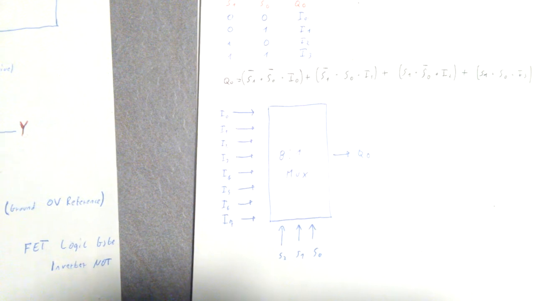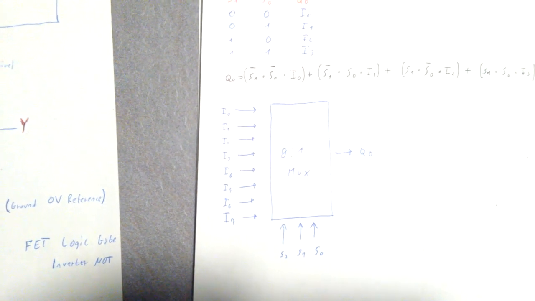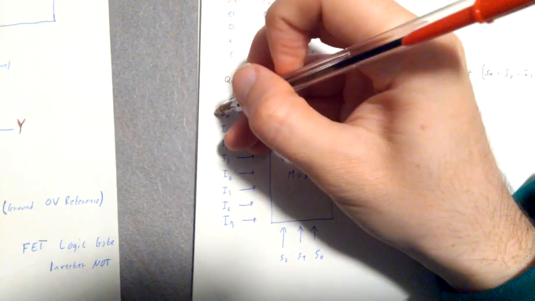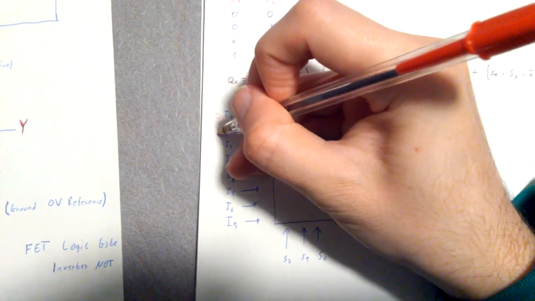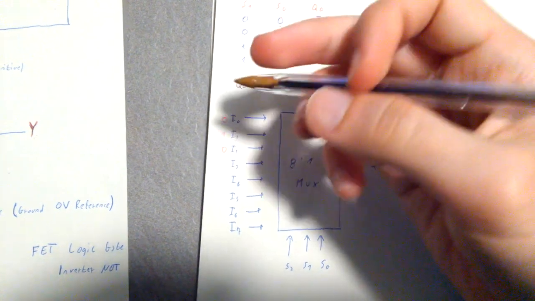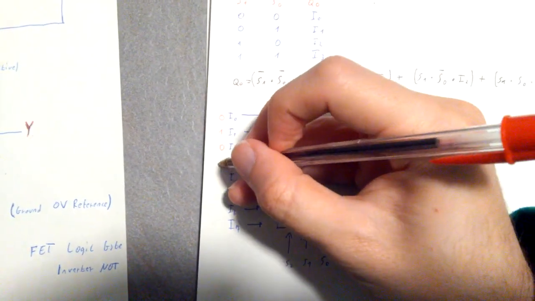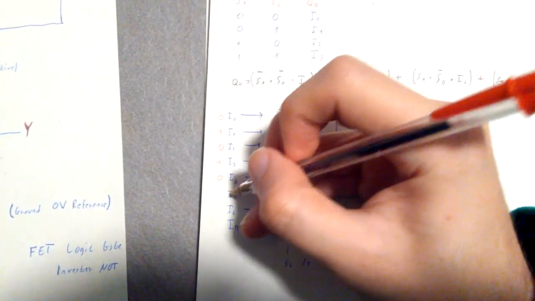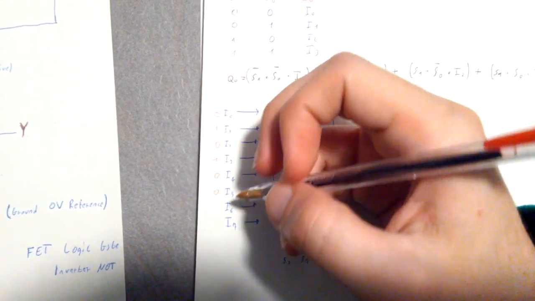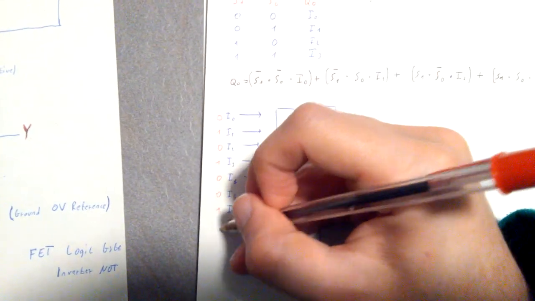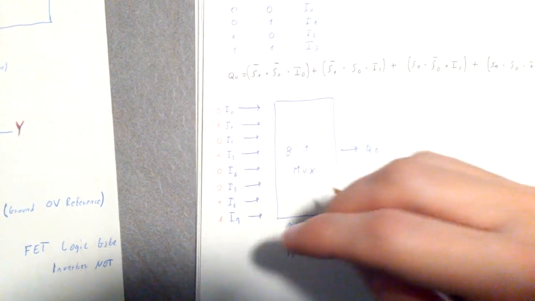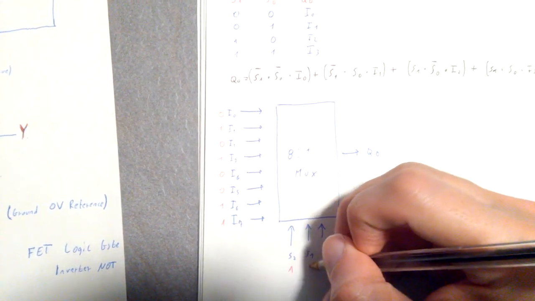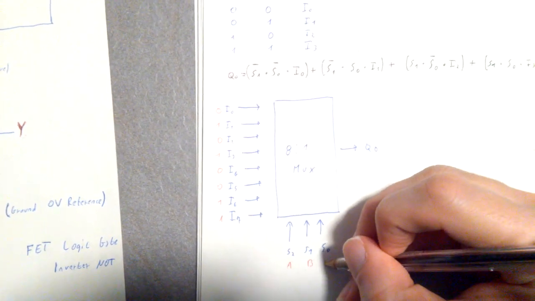Let's suppose that we have some kind of values like 0, 1, 0, 1, 0, 0, and then 1, 1. And let's suppose that we have some kind of thing like A, B, and C.